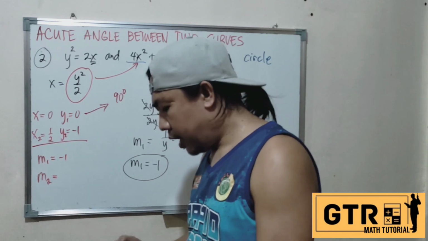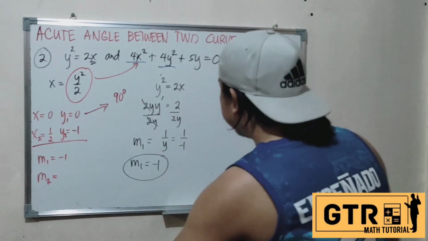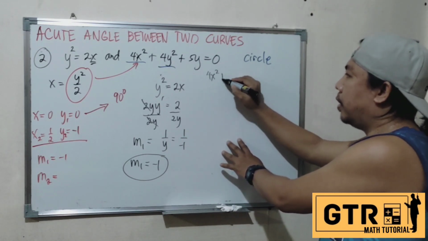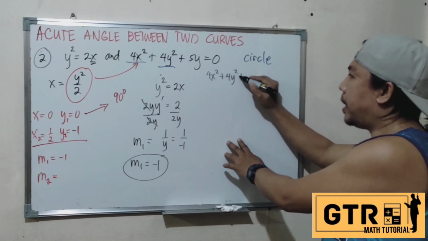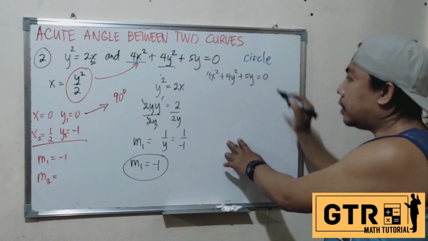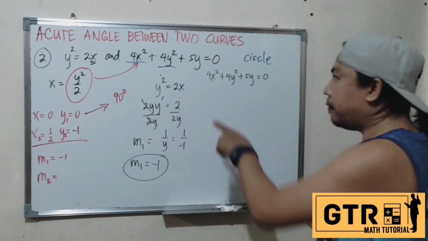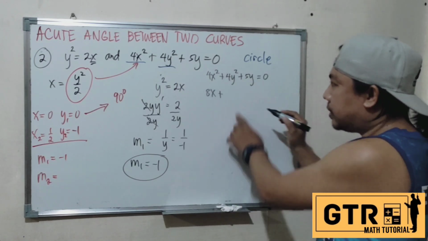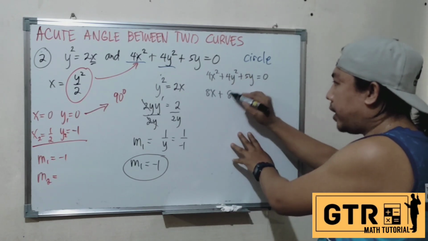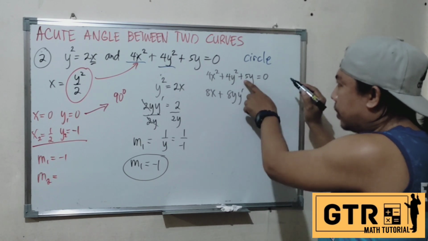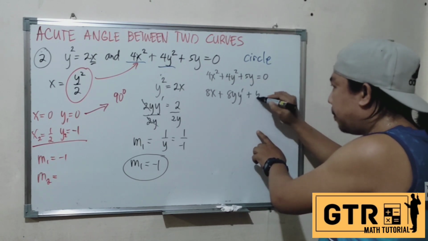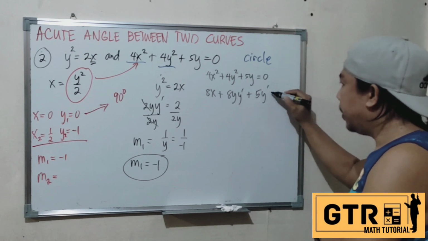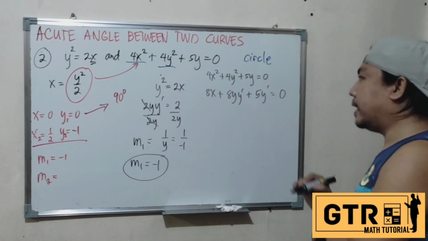Then solve for m sub 2. So we have 4x squared plus 4y squared plus 5y equals 0. Again, we will use implicit differentiation. So derivative of 4x squared is 8x, plus derivative of 4y squared is 8y, followed by y prime. Derivative of 5y is 5, and then y prime equals derivative of 0, which is 0.